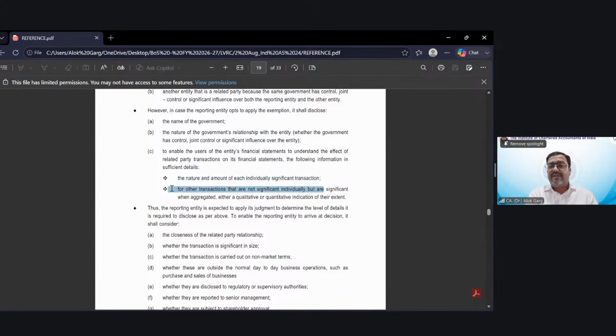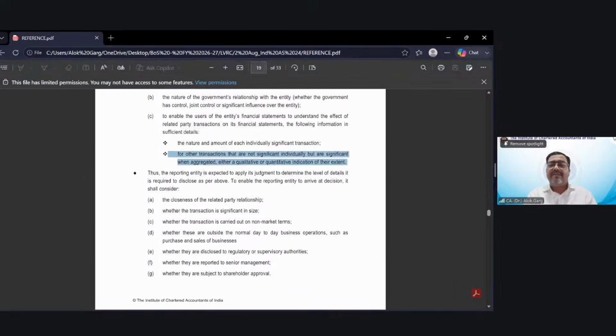For other transactions that are not significant individually but are significant when aggregated, either qualitative or quantitative information. So they have to disclose the name, relationship, and the nature and amount, and the amount can be collective.